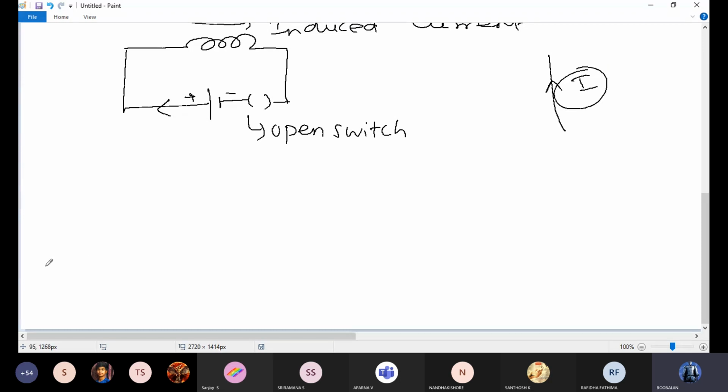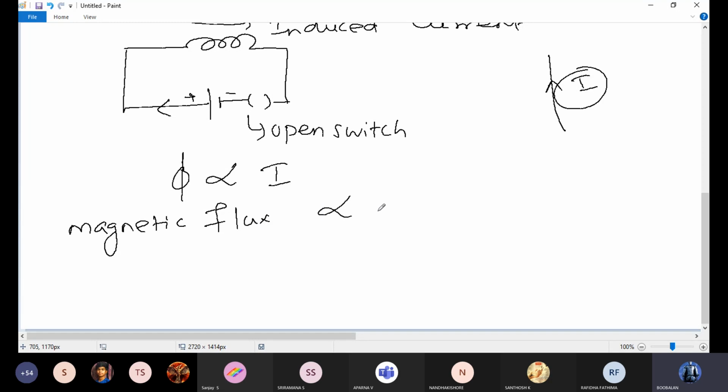So phi, the magnetic flux, is directly proportional to I, the current through the circuit. To remove the proportionality, I add one constant, L. So phi equal to LI, where L is a constant.